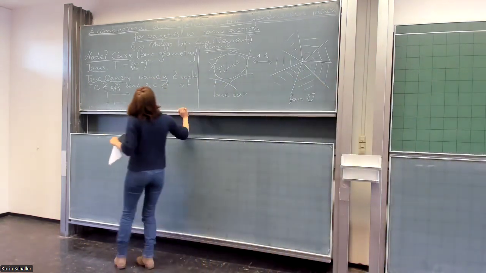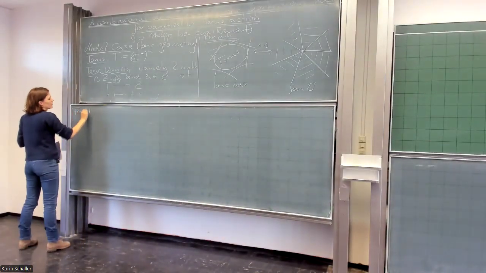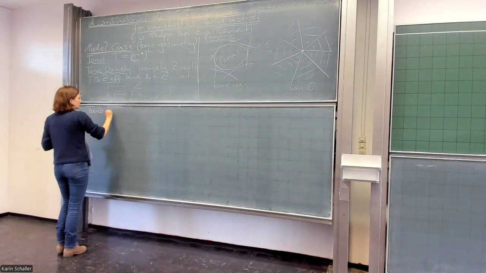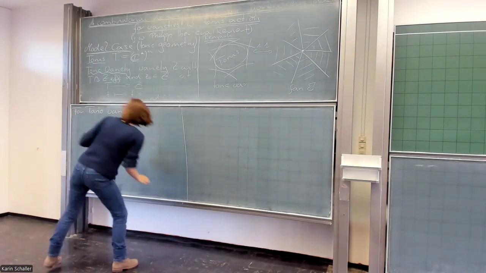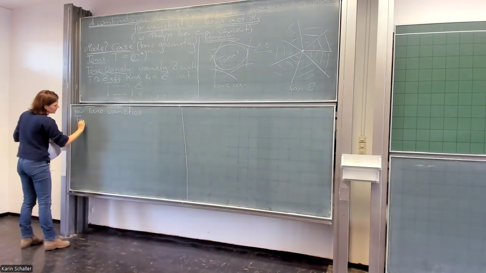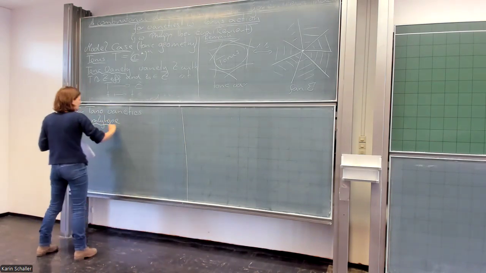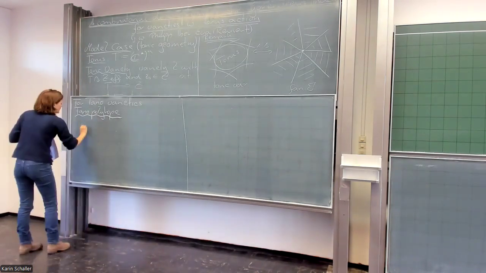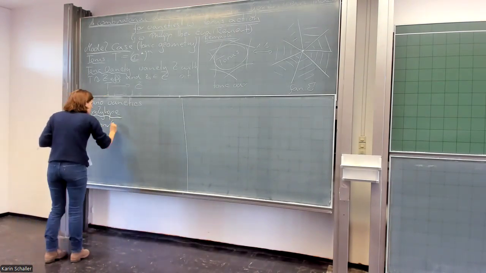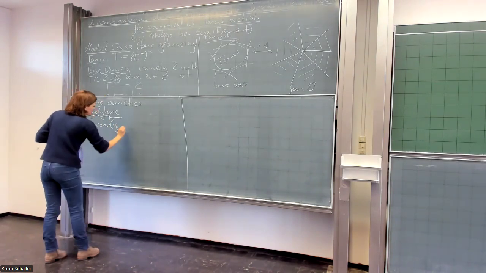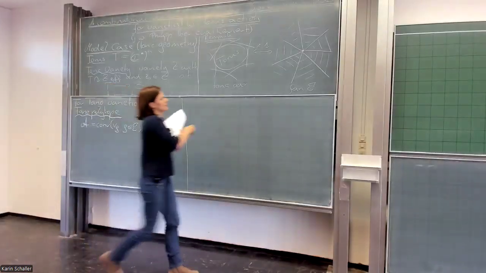So how does this work? For toric Fano varieties we have the Fano polytope. This is denoted with an A, and this is the convex hull over all primitive ray generators of the rays in sigma. So let's see what we mean.